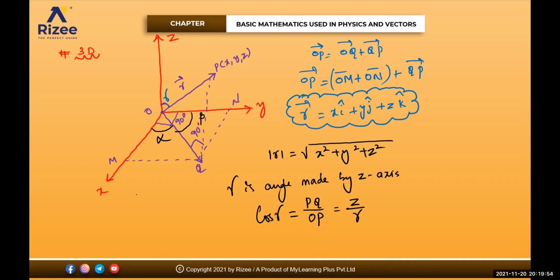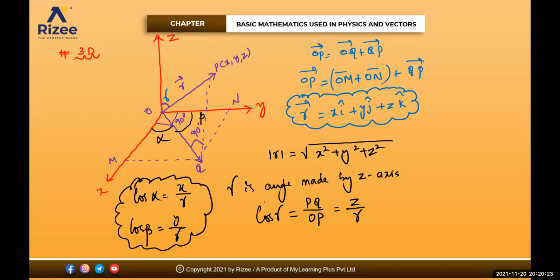So cos alpha will be equal to x by R. Cos beta will be equal to y by R. Cos alpha is x divided by the hypotenuse. Cos beta makes an angle with the y-axis, so it is y divided by the hypotenuse. Cos gamma makes an angle with your z-axis, so it is z divided by the hypotenuse. These are the important angles you need to remember: cos alpha, cos beta and cos gamma.